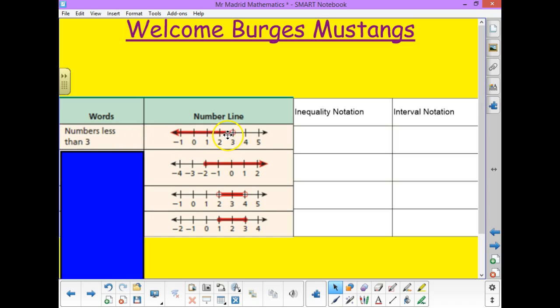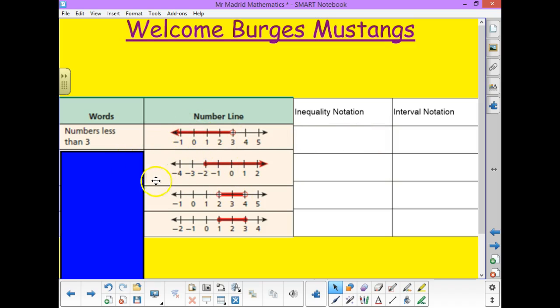As we can see, we have the words numbers less than 3. So if we look at the 3 and highlighted all these numbers, they happen to be to the left, so they're less than 3. So this is English, number line, and then we're going to continue with different interpretations to describe the same thing.